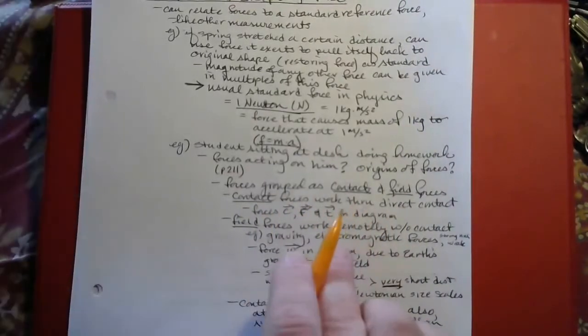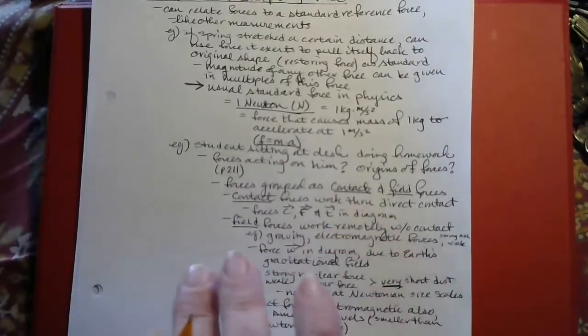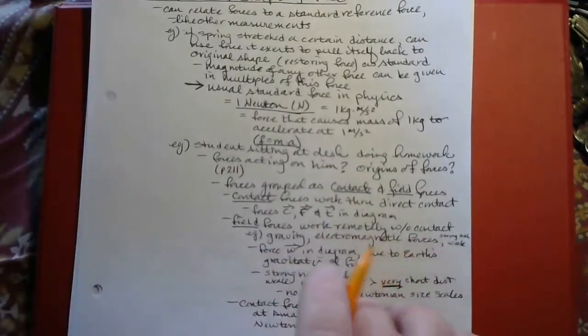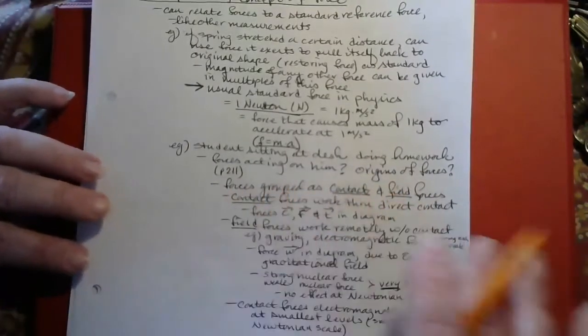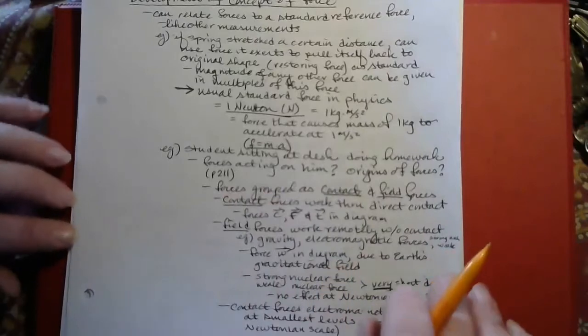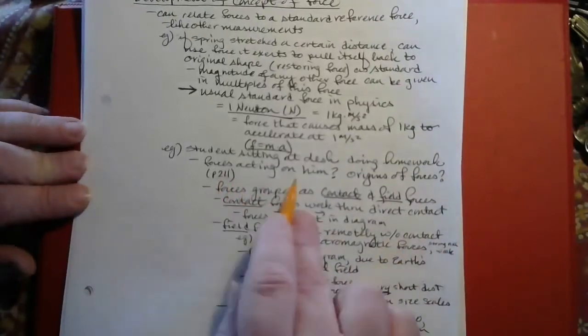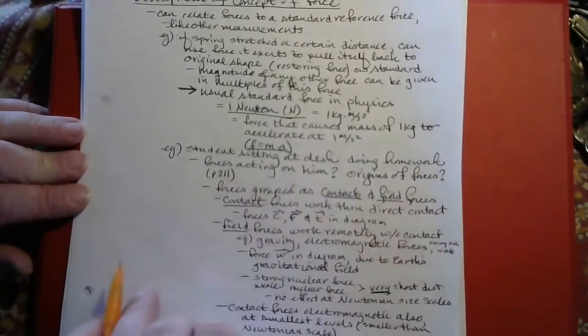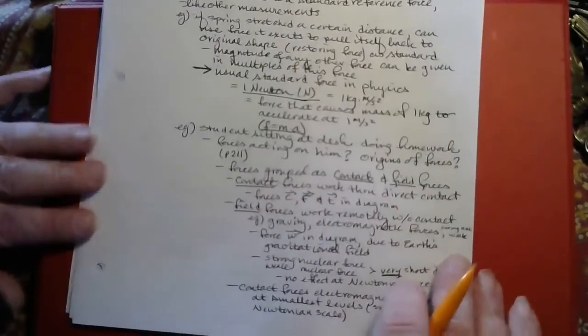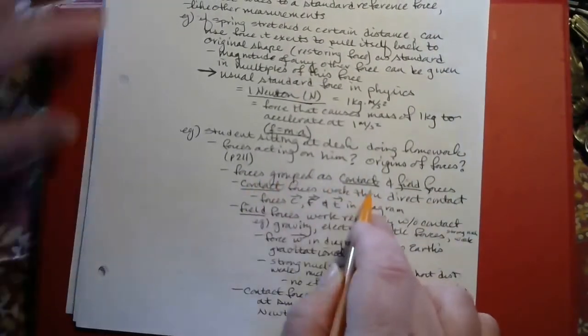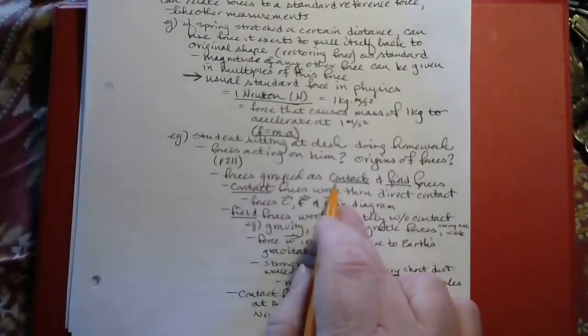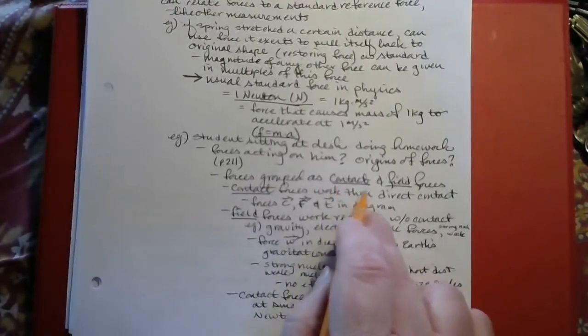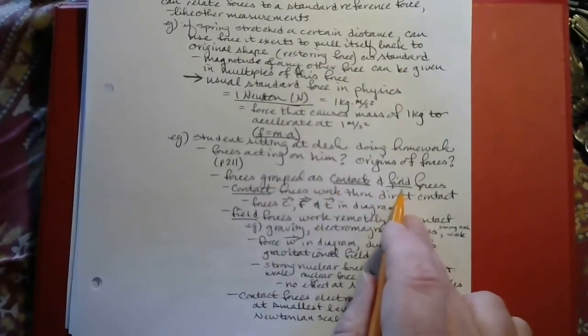But even though he's not studying physics and he's studying something totally unphysics-like, he's still exerting physical forces that we can use physics to analyze. And so we might wonder, what are the forces acting on him and what are the origins of those forces? Well, forces in general are grouped in a couple of types. One type is contact forces, and the other would be field forces.